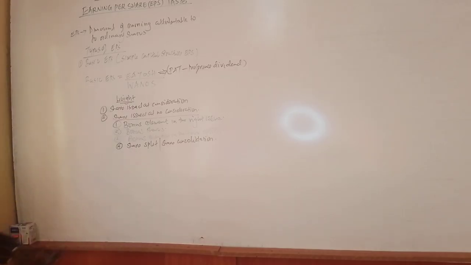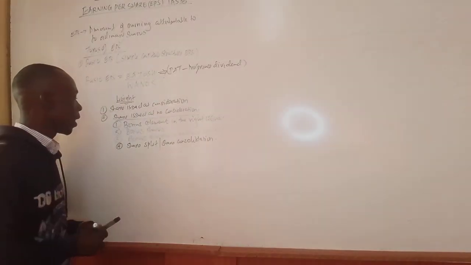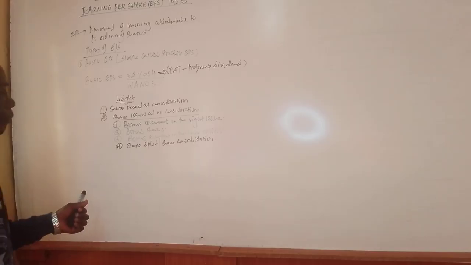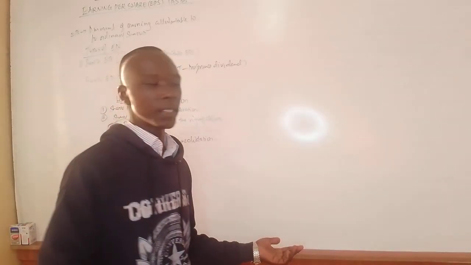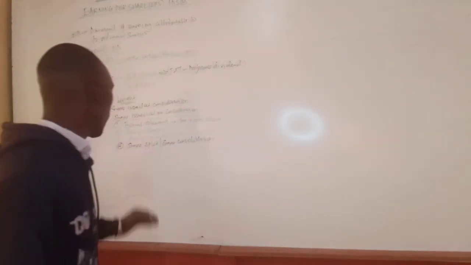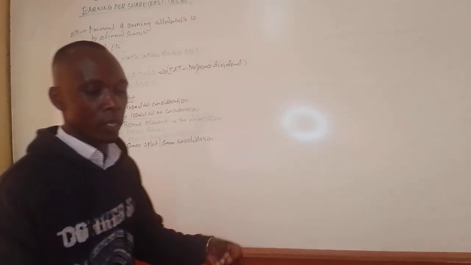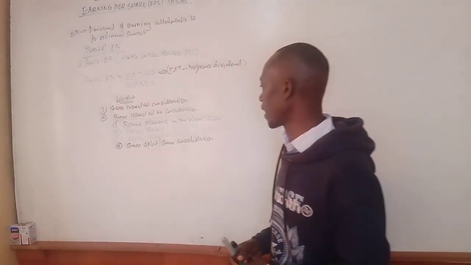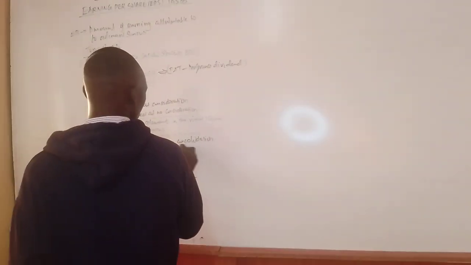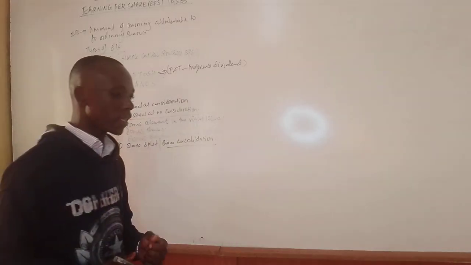When we talk about the share split, this is whereby, for example, if you have one share, you might decide to split it into 5 shares. So that's what we call the share split. The number of shares that you have is going to increase in case you split the shares. Then we have the share consolidation. This is whereby you bring the shares together.